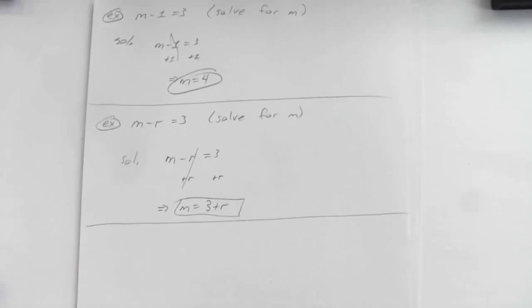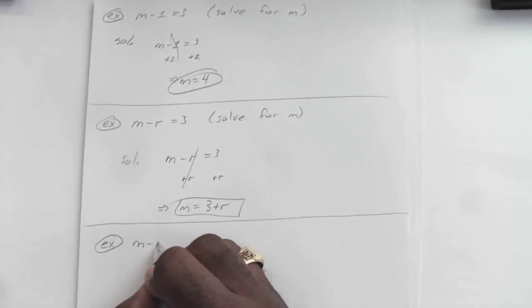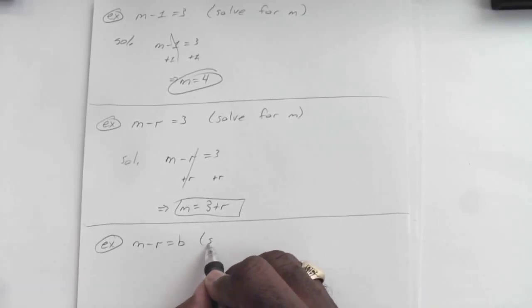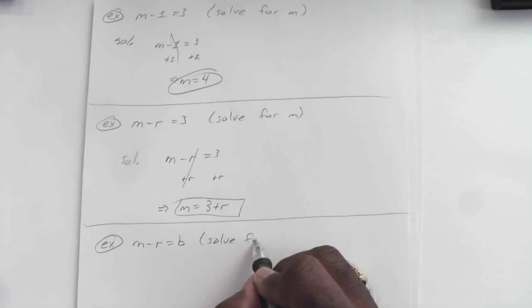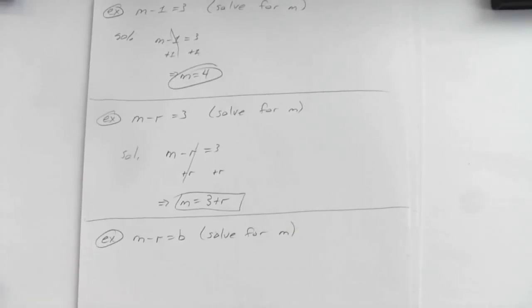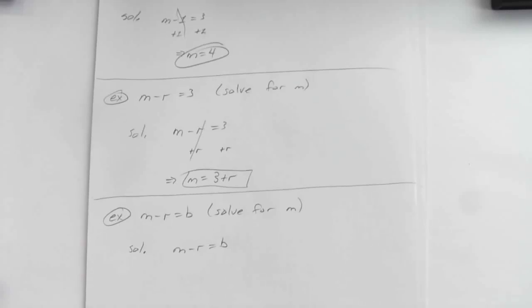Okay, so what if we had just all variables? m minus r equals b, and we want to solve for m. We do the exact same thing. We just add r to both sides.